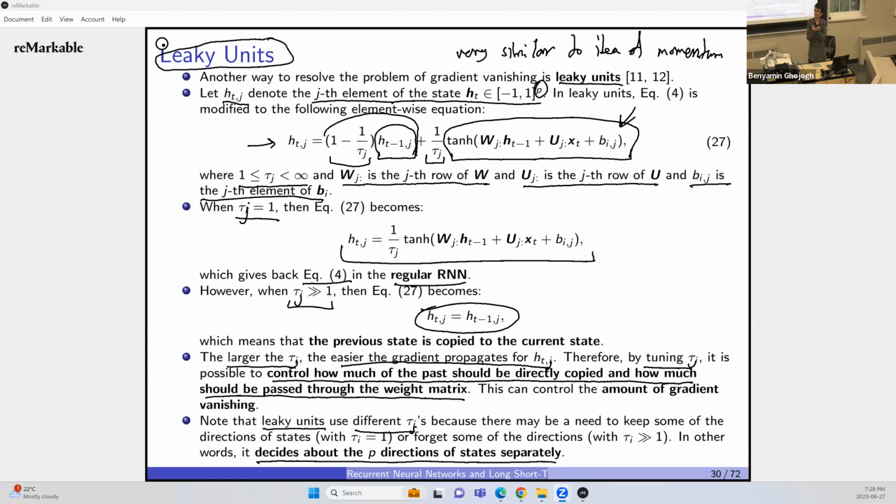Anyways, you are treating them differently. If you set all of the tau j's equal to each other, then you are treating all of them the same. But not all of the directions are the same, because sometimes you want to forget some directions, and some directions we don't want to forget. We want to keep some of the directions, right?